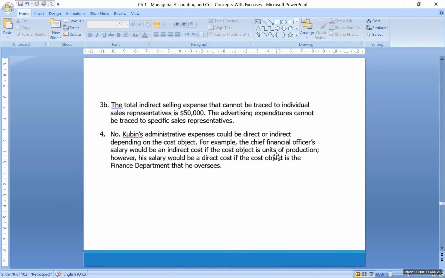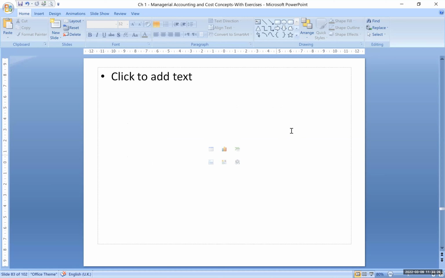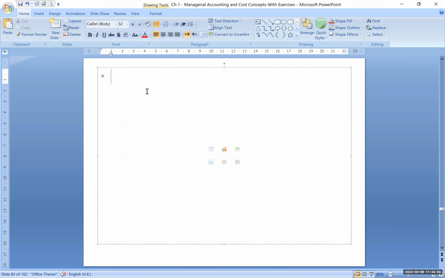Then the answer for number 2 will be like this. The answer is about period costs. We are talking about, in title, selling and administrative costs.